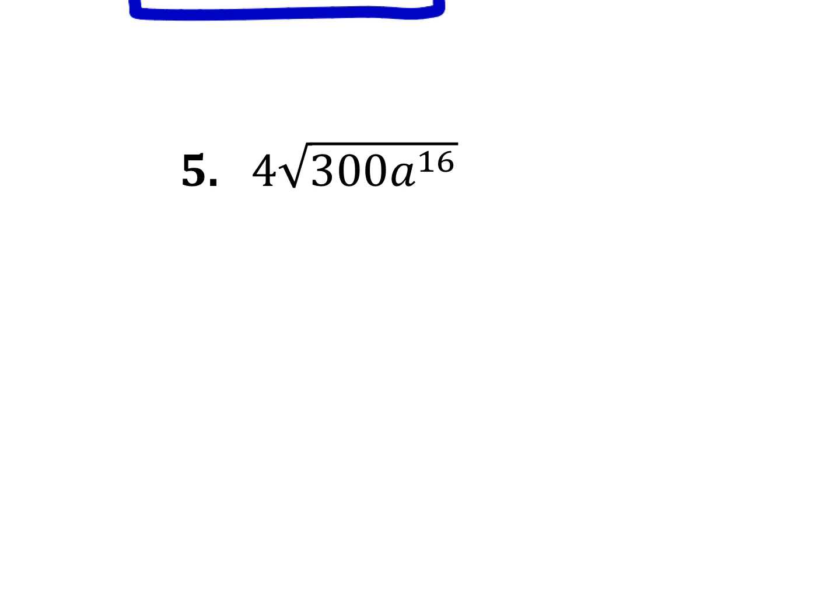So you want to bring your 4 down first of all. That's step 1. And then you make sure 300 can be squared, which it can't. Then it's not divisible. 300 is divisible by 100 and 3.